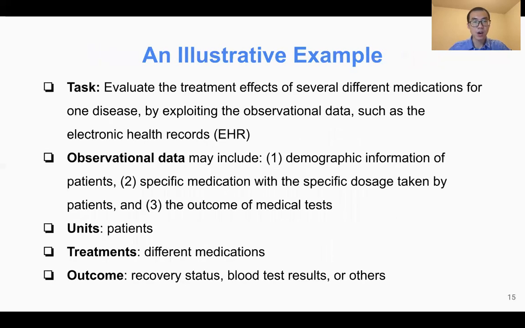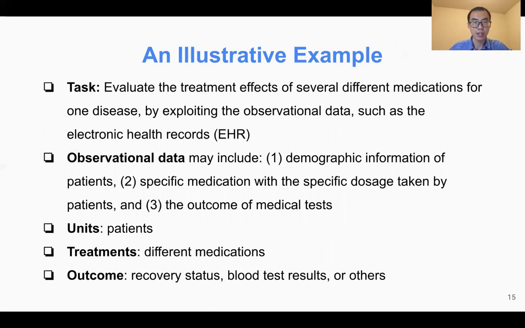Okay, now I want to introduce one example to help you understand the idea of different concepts we have defined so far. Given such a task, we want to evaluate the treatment effects of several different medications for one disease by exploiting the observational data, such as the EHR data.